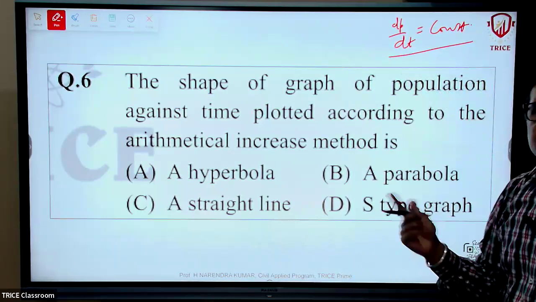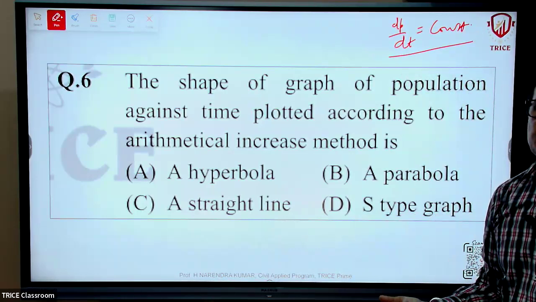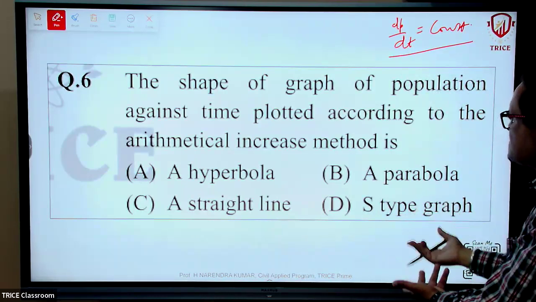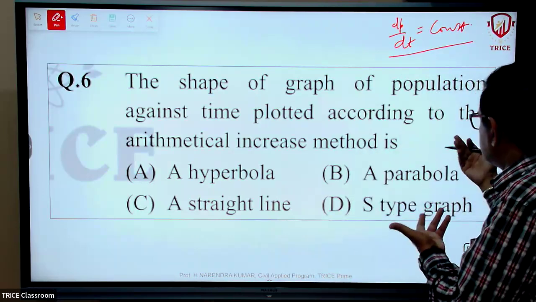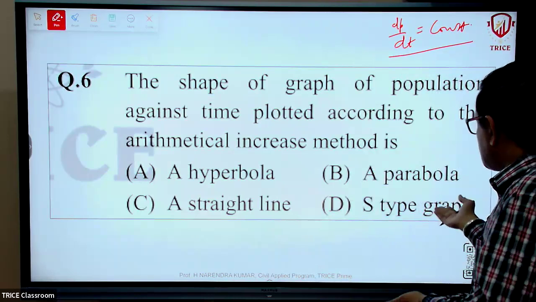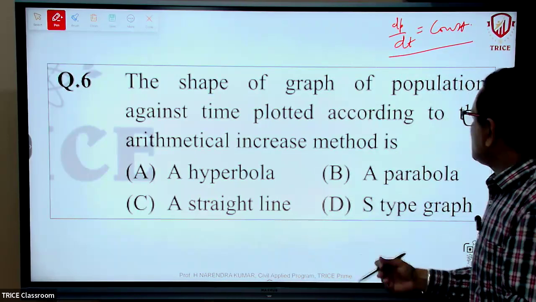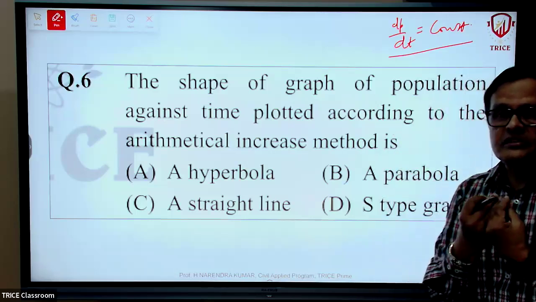So this equation is nothing but one of the equations for a straight line. Very simple. If you are good at mathematics, you can easily answer this. Straight line is there. It is not hyperbola. It is not parabola. It is not S-type graph, because S-type graph is for the logistic curve method. So a straight line. That is why I said in the beginning, please remember my words.